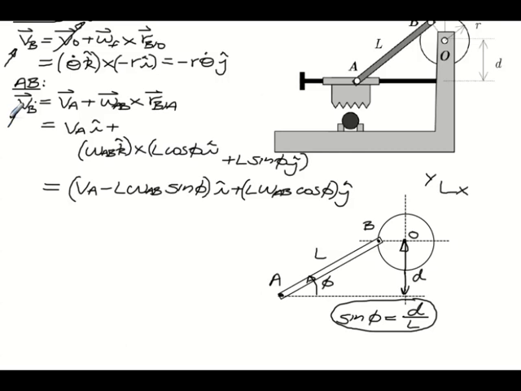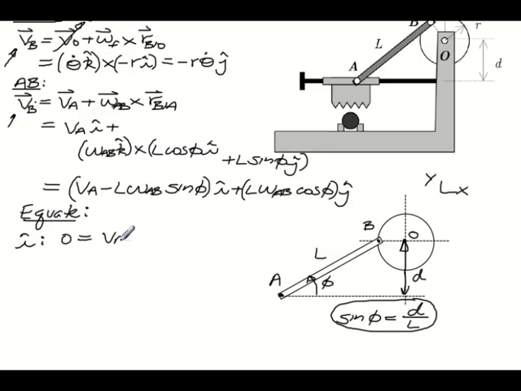Two expressions for the same thing. So if I equate these, I know that the I components of one have to be balancing out with the I components of the other. So for the first equation, there is no I component, so that's a 0 on the left side.